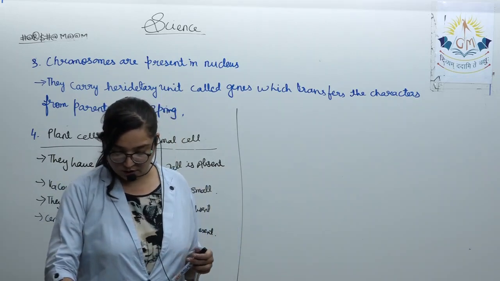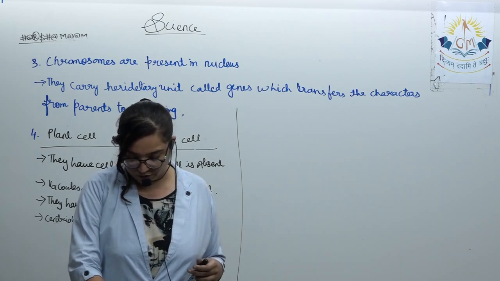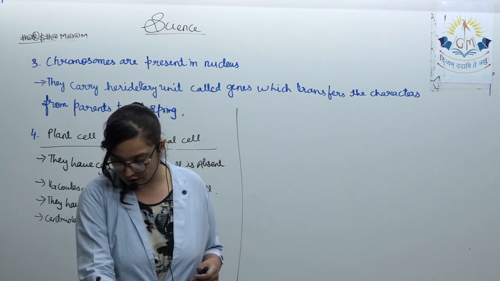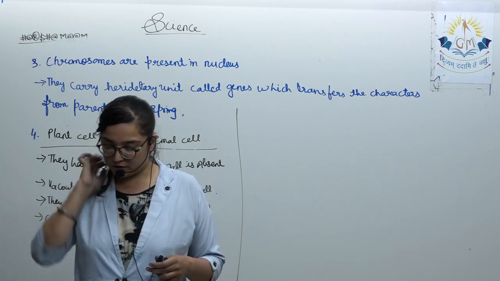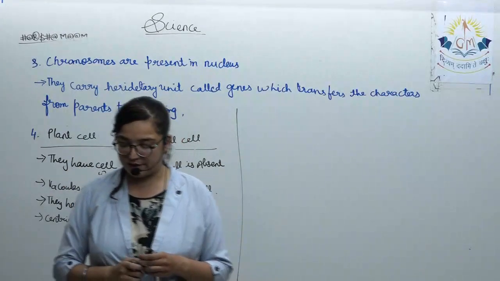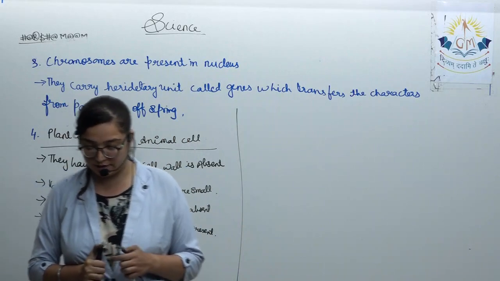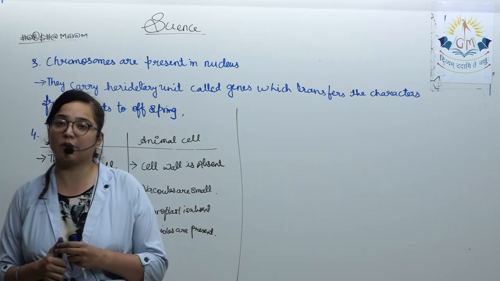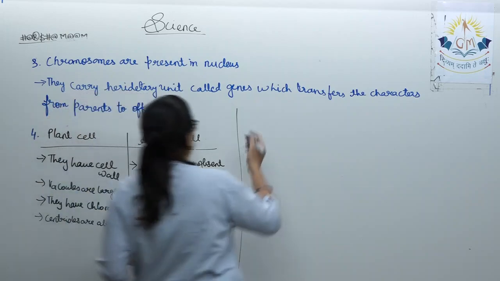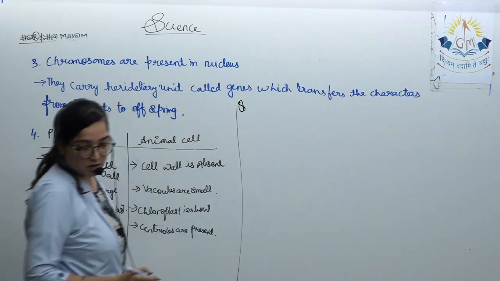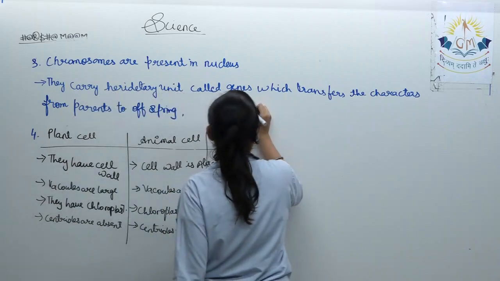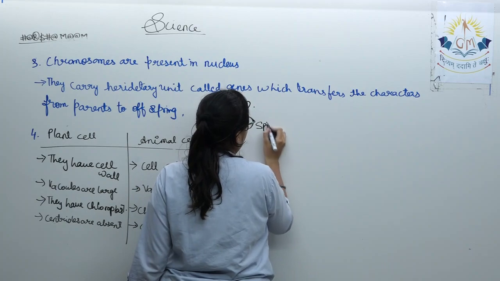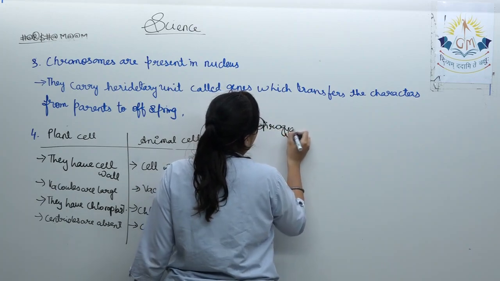Moving on, tick the odd one out. If we talk about tick the odd one out, then the very first one is amoeba, Spirogyra, Paramecium, Euglena and yeast. Spirogyra is multicellular, all others are unicellular. Why this?